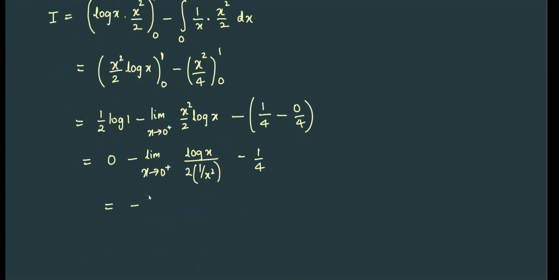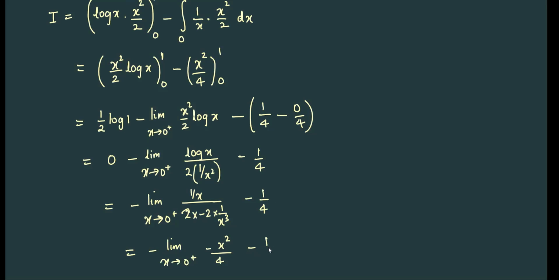Let's apply L'Hospital's rule, differentiate numerator and denominator separately. So we get 1 upon x over minus 2 into 1 upon x cube, so limit x tends to 0 plus of minus x square by 4, minus 1 by 4.